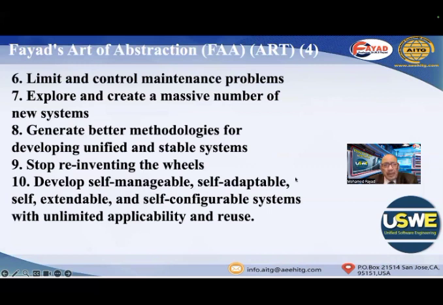So number 4, limit and control the maintenance problem. We're not going to go on forever with this maintenance problem. No. A software company does 10% of development and 90% of maintenance.